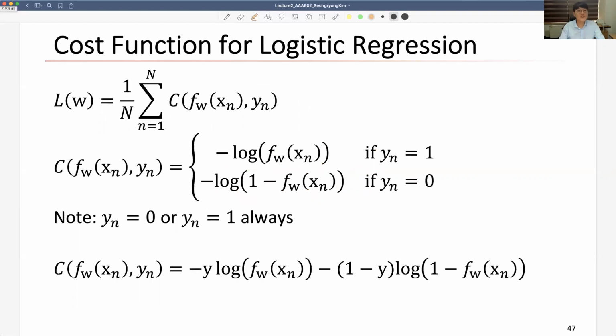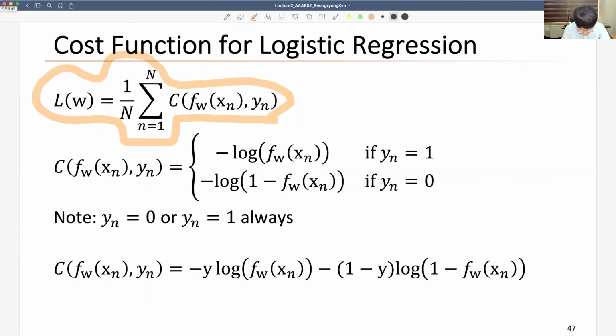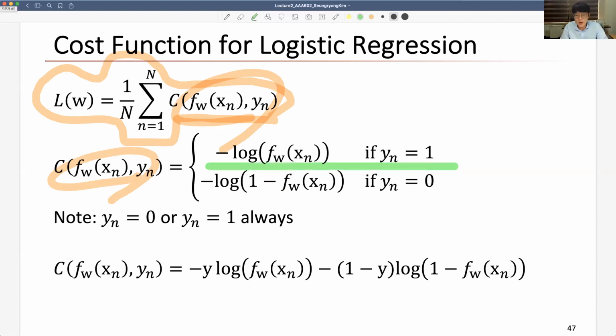So to summarize, the cost function for the logistic regression problem looks like this. Our loss function is like this one. This cost term is defined with two equations. The first case is yn is equal to 1, and the second case is yn is equal to 0, right? And we already know that yn is equal to 1 or yn is equal to 0.